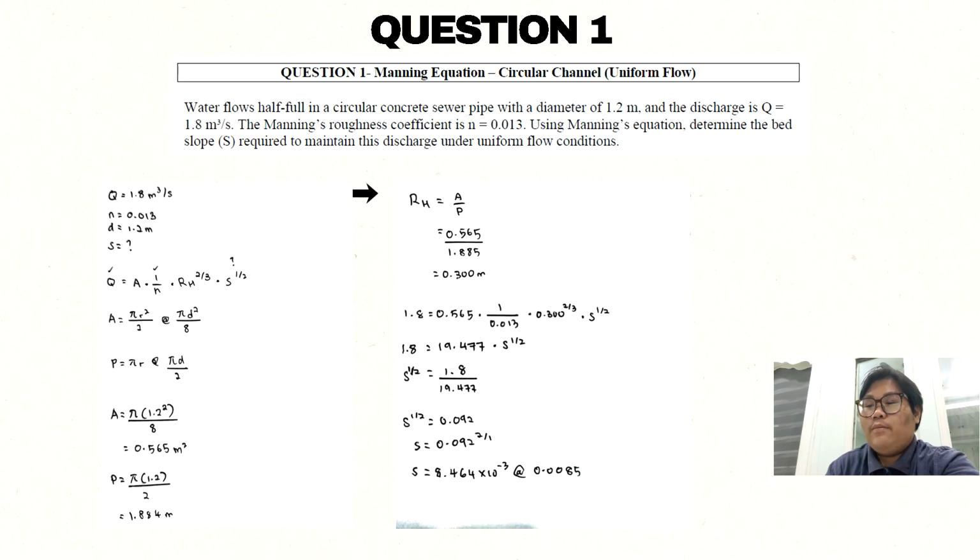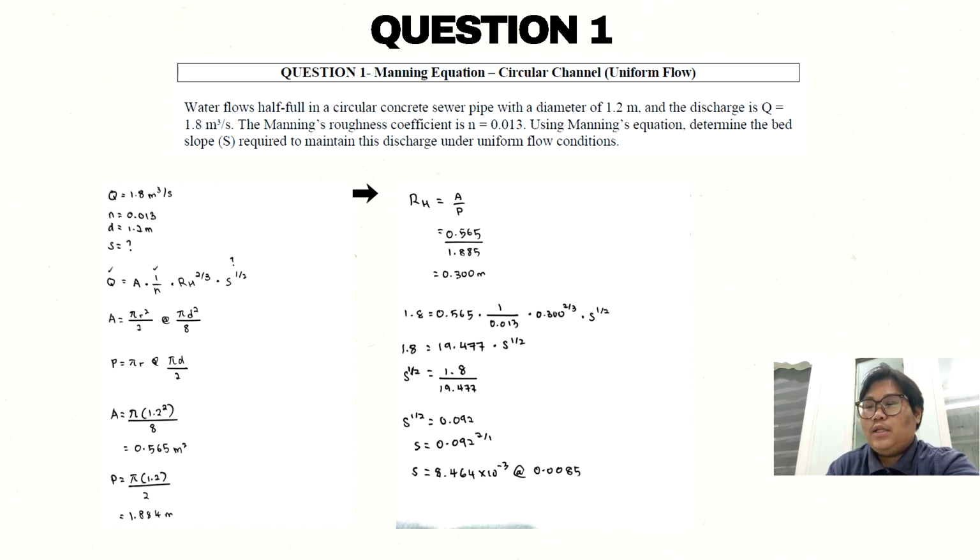After that, from the equation, we have to find the S, that is 1.8 equals 0.565 times 1 over 0.013 times 0.300 power of 2 over 3 times S power of 1 over 2. And then calculate the A times 1 over N times R_H, and you will get 19.477.